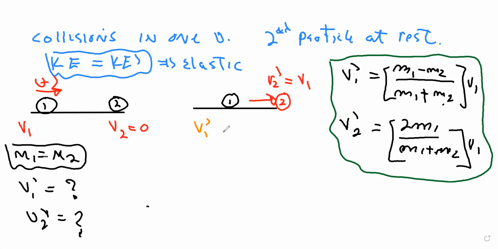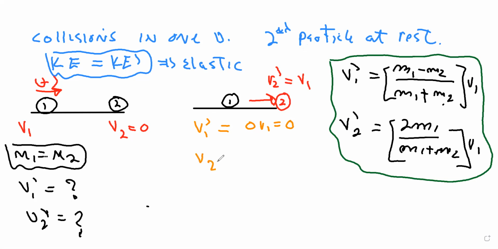Velocity 1 prime is going to be equal to, well, mass 1 and mass 2 are equal, so M1 minus M2 is going to be 0, times velocity 1. So velocity 1 prime is going to be 0.